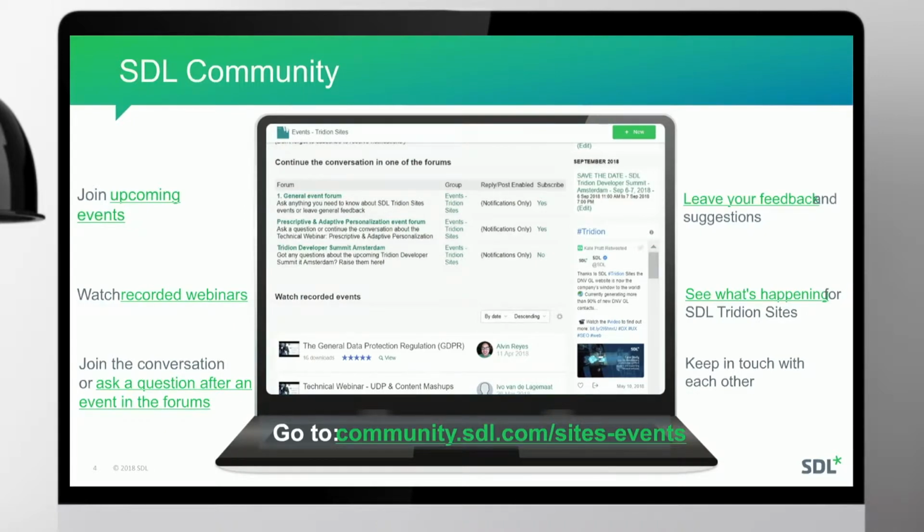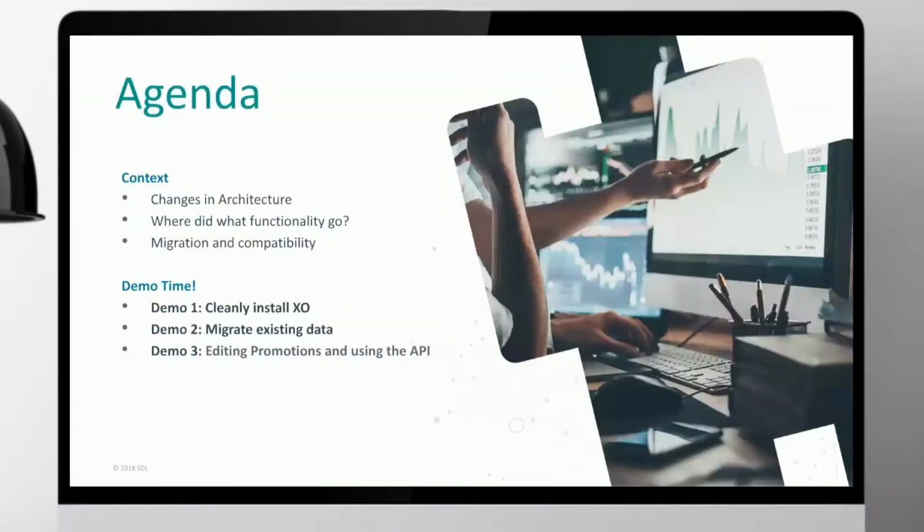So with that out of the way, let's go back to the agenda. The agenda for today basically consists of 2 parts. I will be talking a lot, and Peter will be showing a lot. In the first part of this webinar, I will present a bit of context around the changes that we did in the architecture of experience optimization.